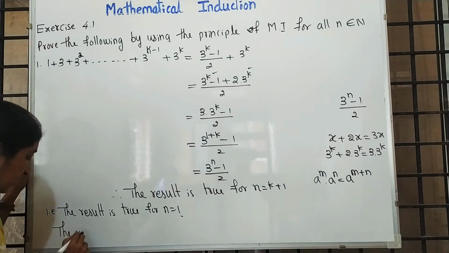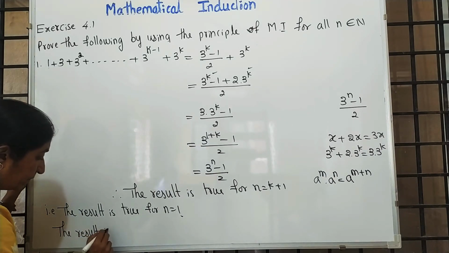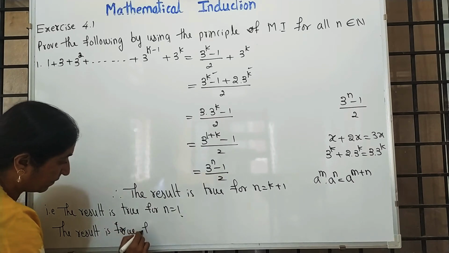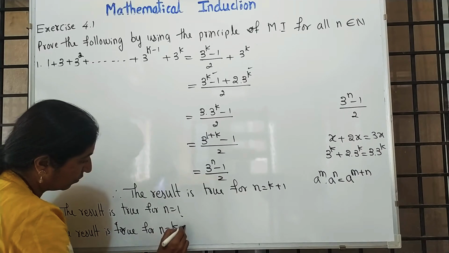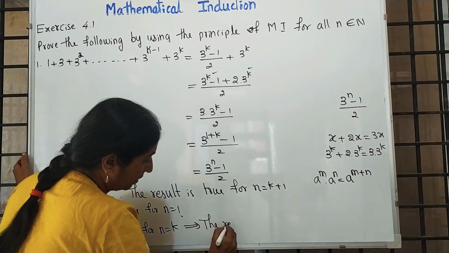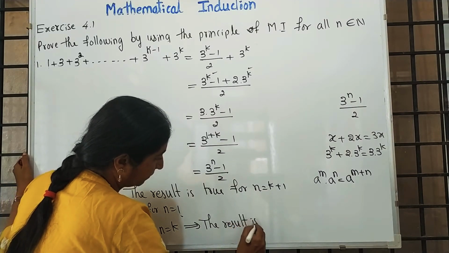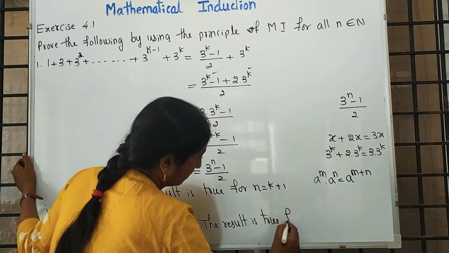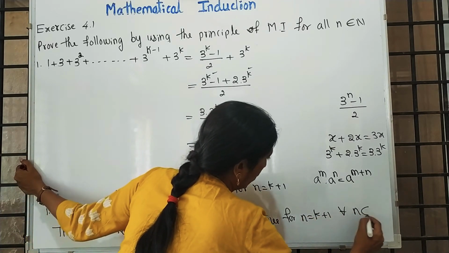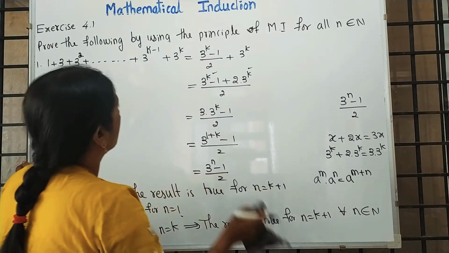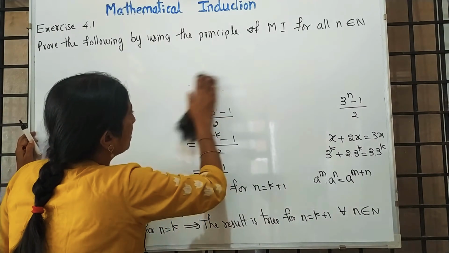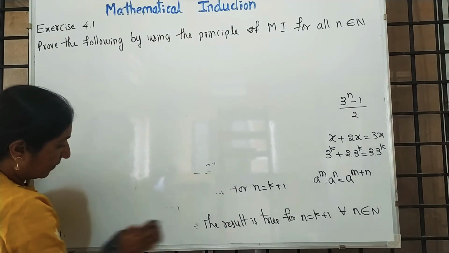The result is true for n is equal to k implies the result is true for n is equal to k plus 1, for all n belongs to N. Yes. Moving to the second problem in exercise 4.1.